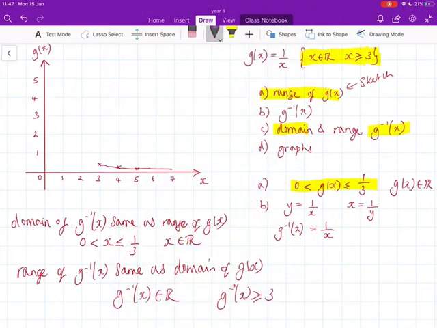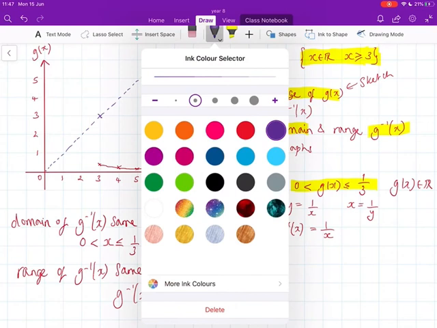and then it asked us to sketch the function and its inverse. Now a function and its inverse will always be reflections of each other in the line y equals x. So if I draw the line y equals x onto my grid here, okay, that would be the line y equals x.